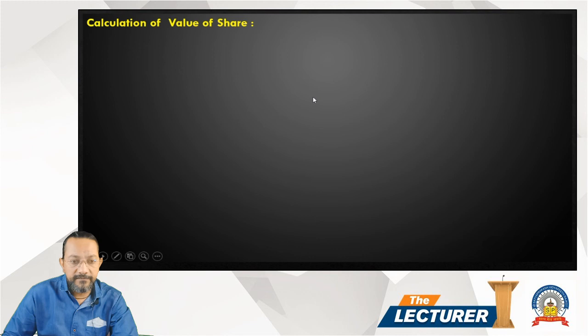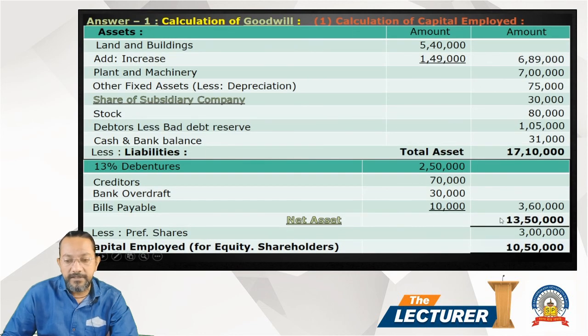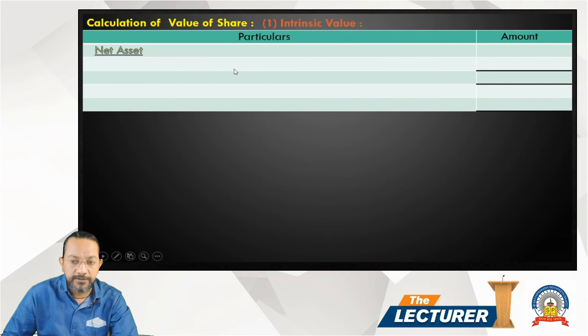The next is valuation of shares. First, intrinsic value. For the intrinsic value, first we have the net asset. Net asset is 13 lakh 50,000. Then goodwill, the new value as we calculated.